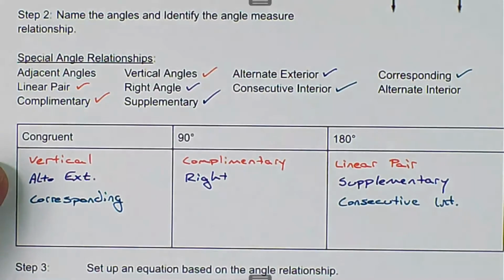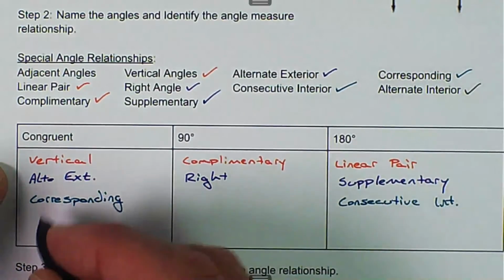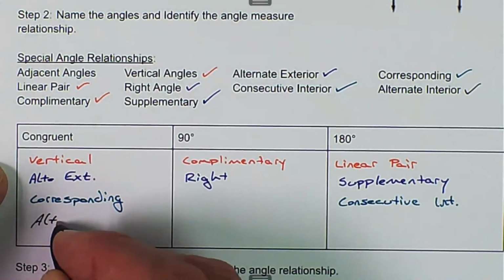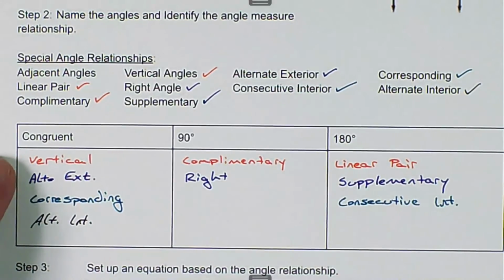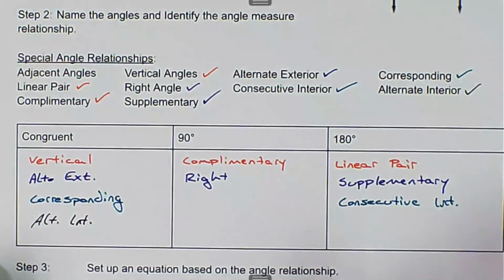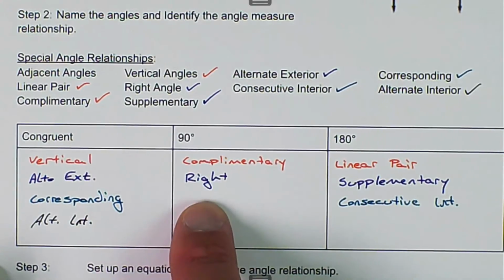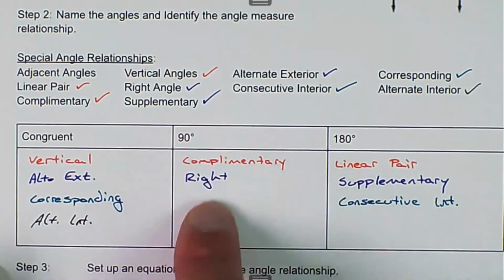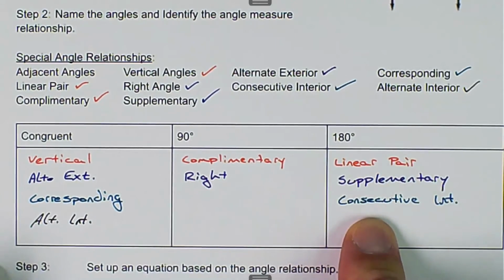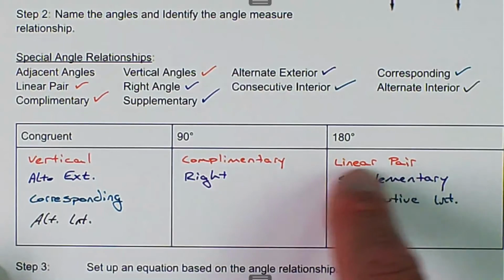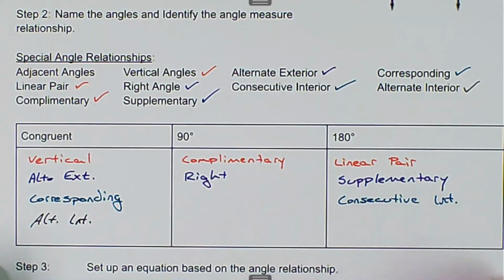And alternate interior angles are congruent. So we have 4 that are congruent. We have 2 that are 90. We're not going to see these ones very often. And we have 3 that would be 180, mostly referring to linear pair or consecutive interior.